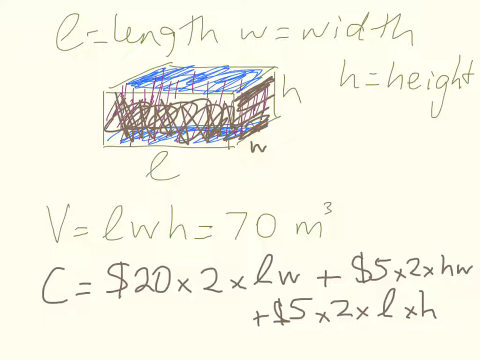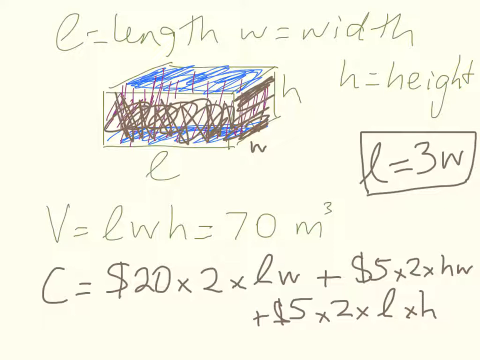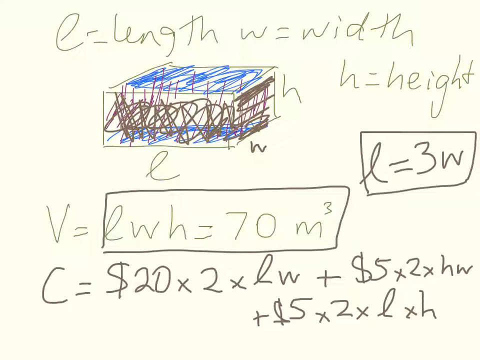And then the last constraint that's also going to help us is that the length must equal 3 times the width, right? So what we've got to do is put those things together. We've got the volume, LWH is 70, and we've got the length is equal to 3 times the width, and we're trying to minimise this cost function.